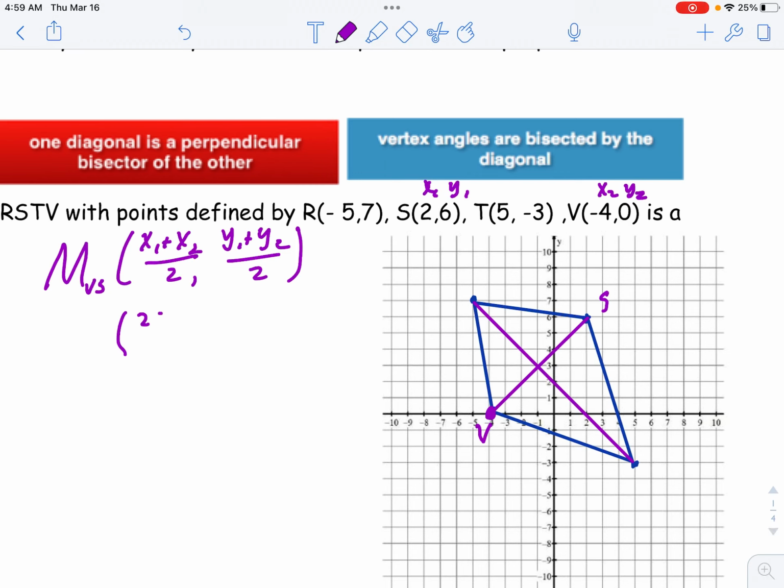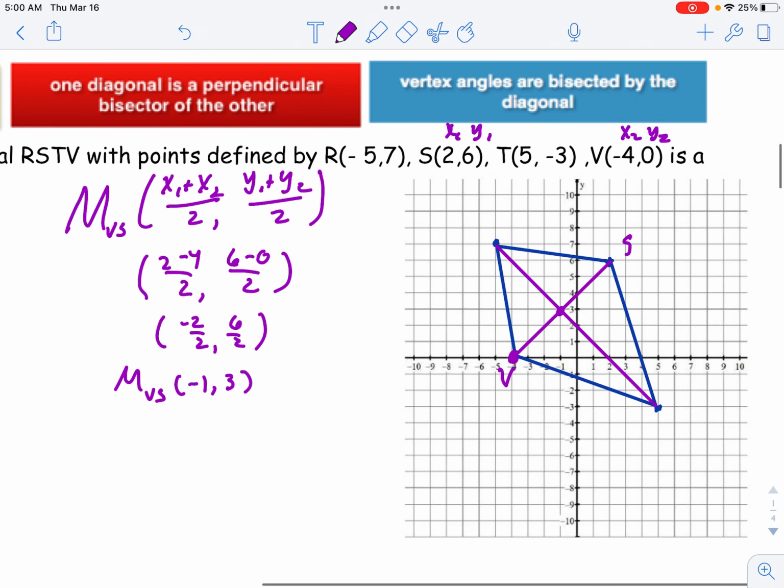Okay, we're going to get 2 minus 4 over 2, comma, 6 minus 0 over 2, comma, alright, negative 2 over 2, 6 over 2, negative 1 comma 3. Alright, sweet. Then we can also find the slope of VS.